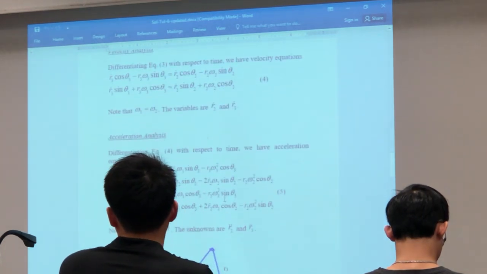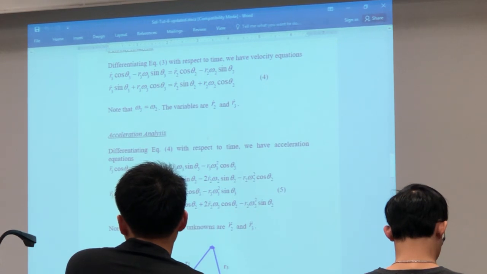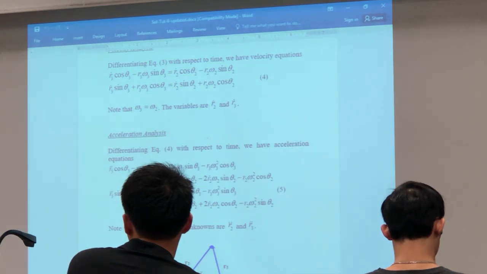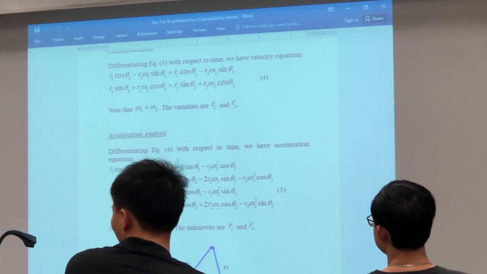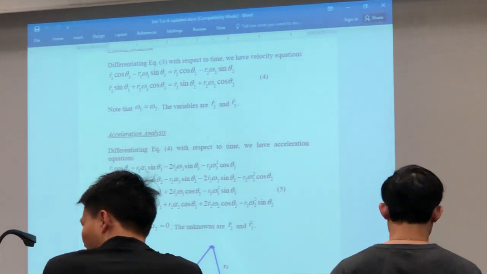And this one, we put omega 2 equal to omega 3. Why? Oh sorry, I wrote it wrong. This one should be theta 3 equal to theta 2 plus 5.